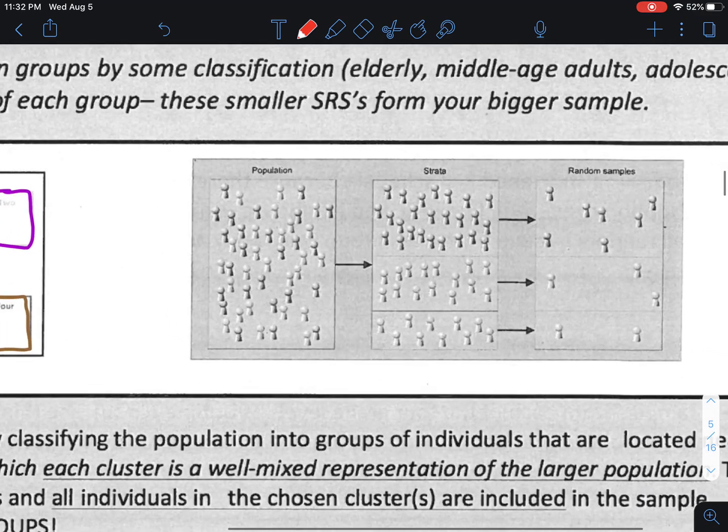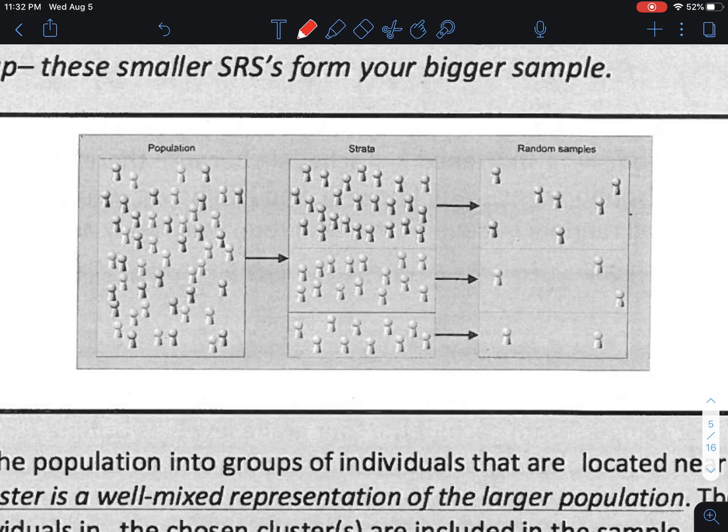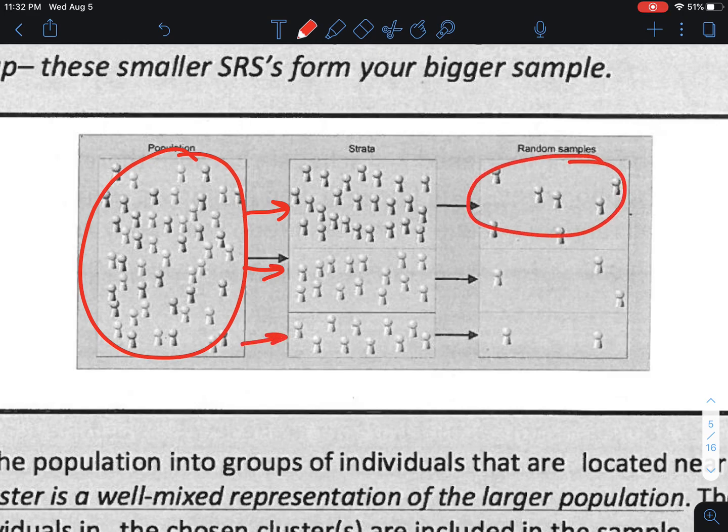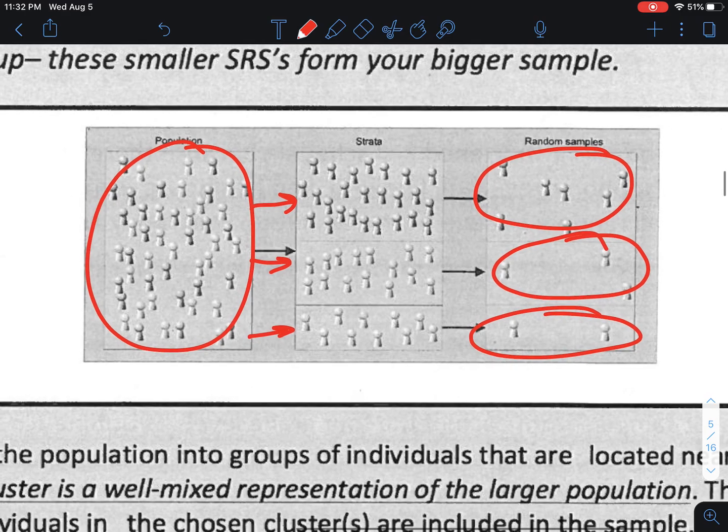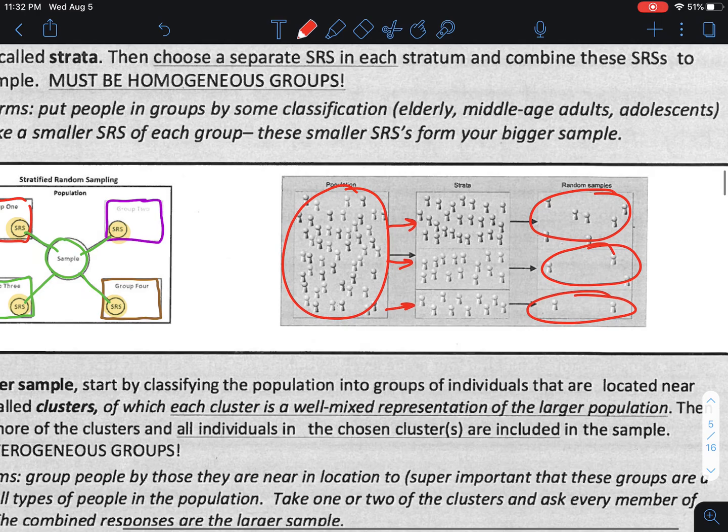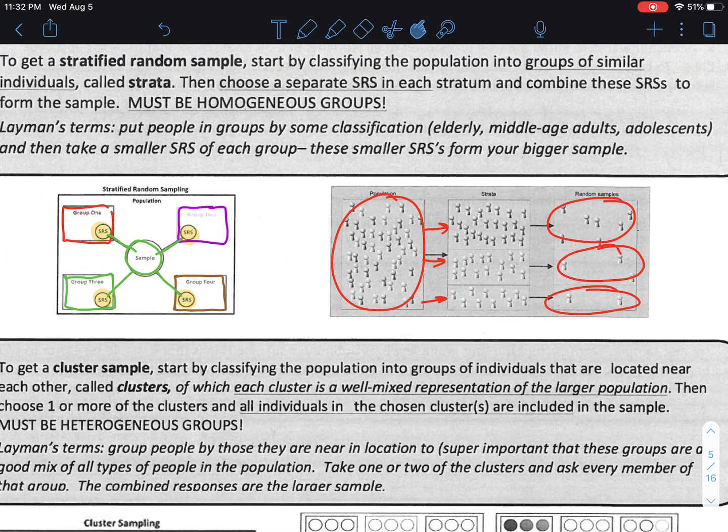All right. This is kind of hard to see here, but you'll maybe be able to see it a little bit. These are all different color coordinated, so they got split into the different colors. And then you took a small sample from each of those colors. Again, you can see they're not exactly equal sized, and they're not perfectly proportionate to like a 1 to 5 type situation, but you get a little bit of everybody. That's a stratified.